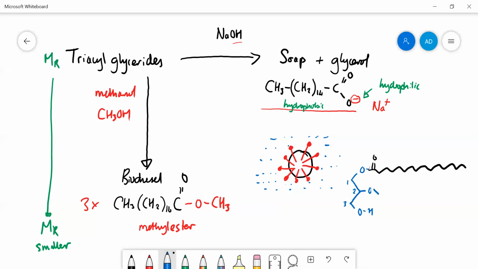That one is going to go, so I'll draw it the same way round. So that you've got the carbonyl there, and then you're going to have this bit, and the same there.